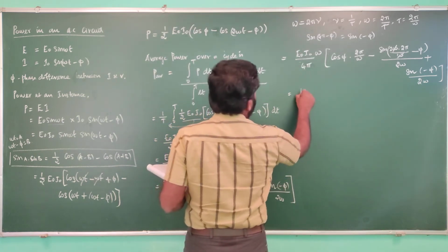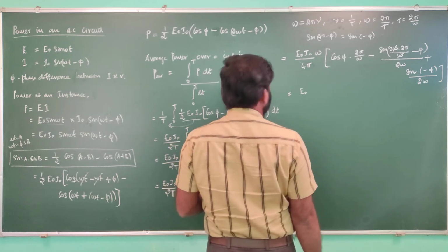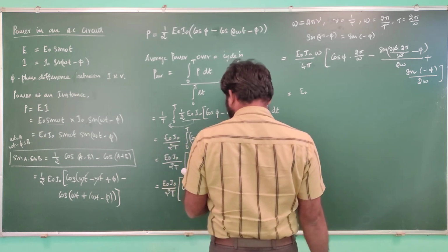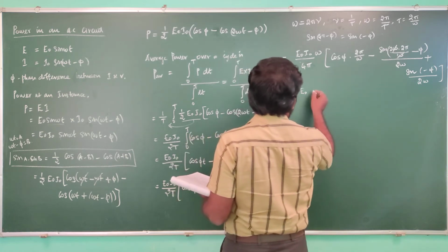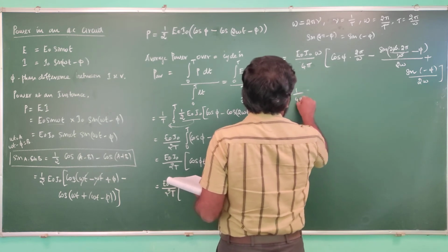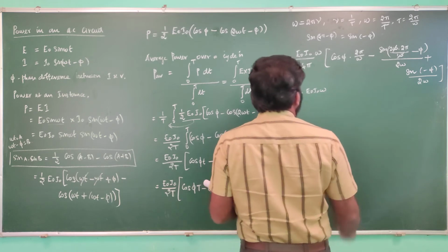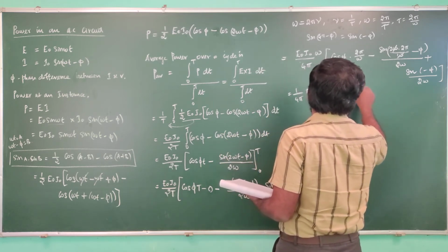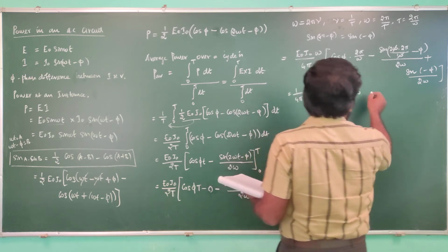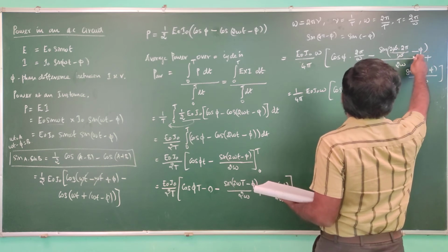So that this becomes E naught I naught omega by 4 pi into cos pi into 2 pi by omega, minus sine of 4 pi minus pi.